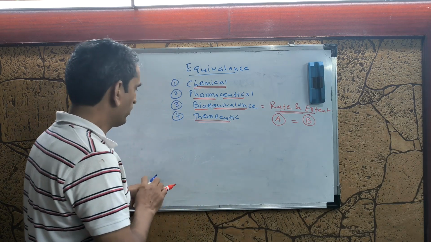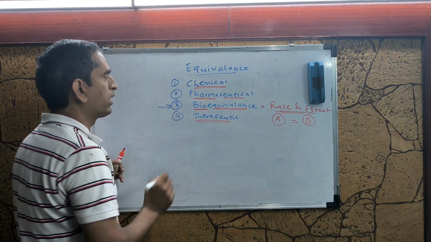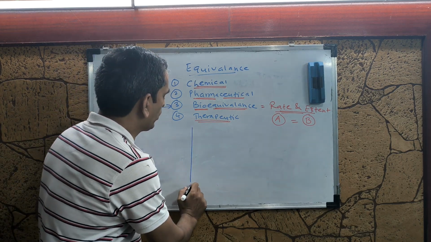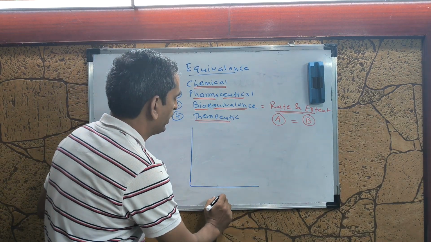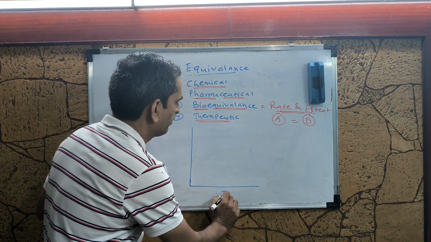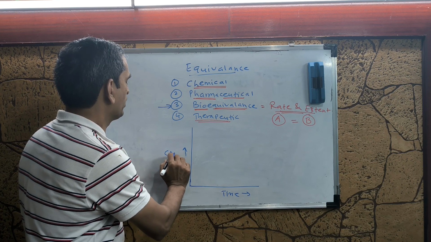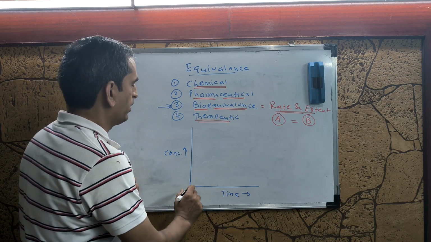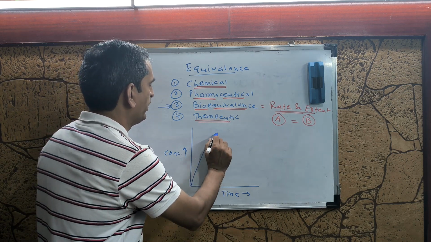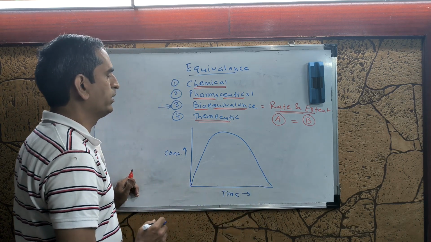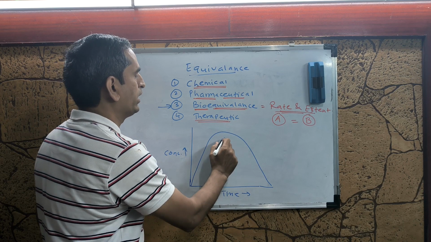Just to show the graph of bioequivalence, the graph can be plotted. On the x-axis we have the time, and on the y-axis we have the concentration. And as in the previous video, we have already seen that bioavailability is nothing but the rate and extent.